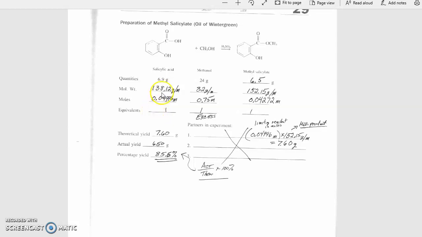That determines how much you can possibly get as a theoretical yield for the product. And it's the product molecular weight times the moles of the rate limiting reactant, this type of equation right here, that tells you how much the theoretical yield would be. Okay? So I hope that's all clear now.